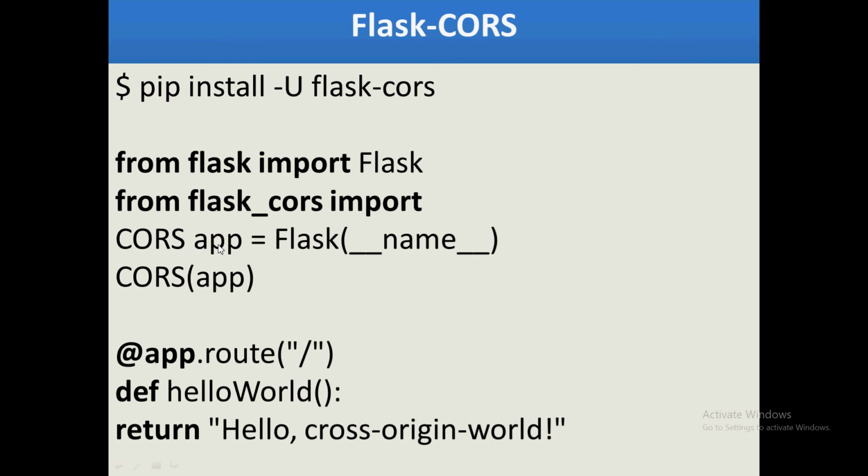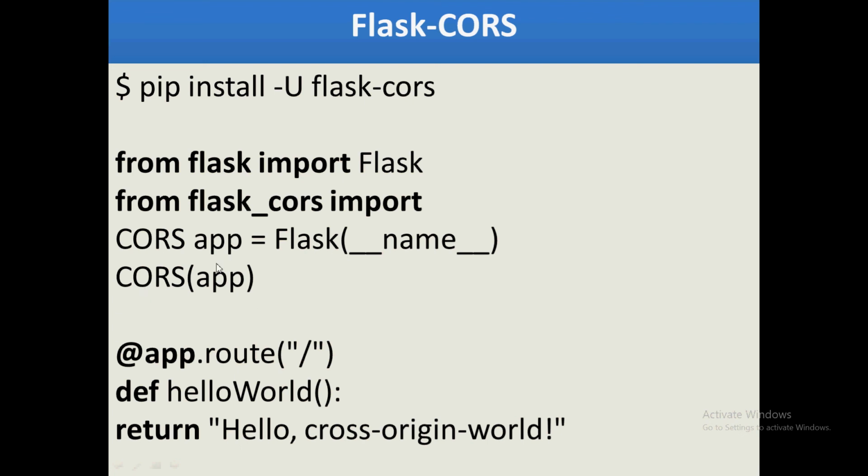This is the app that you are creating, and then you just need to CORS that app so that any request that is coming to this app is resolved by this CORS module. So this Flask underscore CORS module is responsible for fixing all the CORS issues. It is very simple. You just create a Flask application and just wrap that app into the CORS.